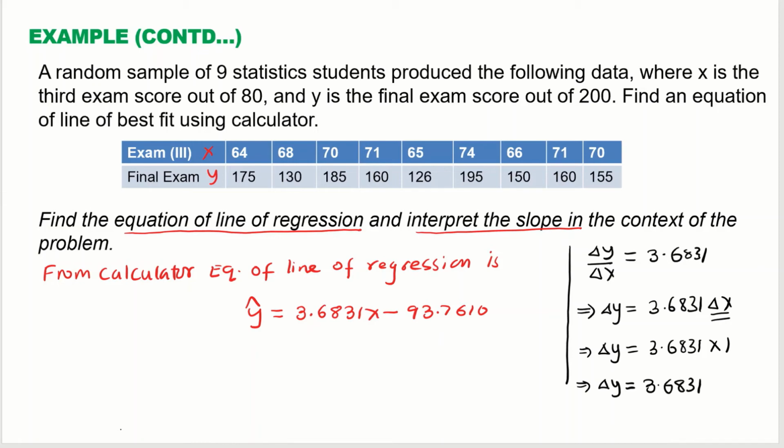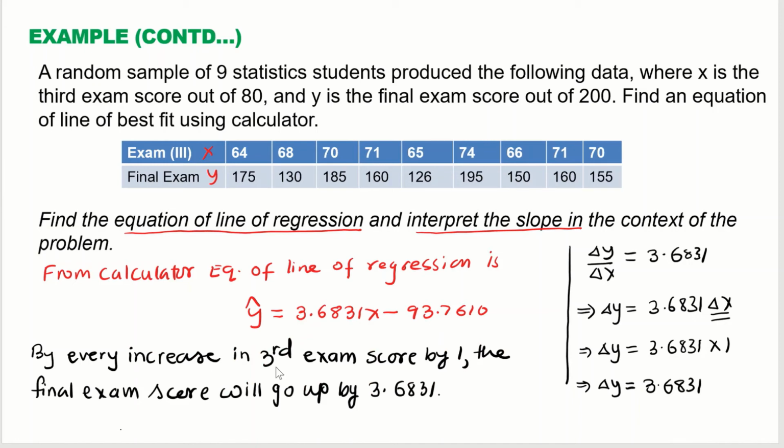The meaning of that is, if your third exam score increases by 1, then your final exam score will increase by 3.6831. So if you do well in the third exam, you will also do better in the final exam. That will be our interpretation.